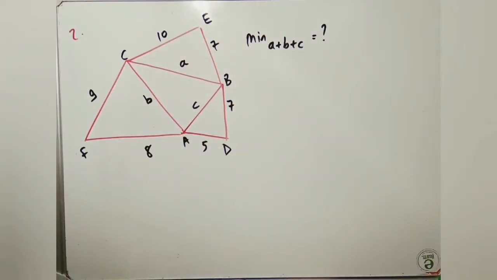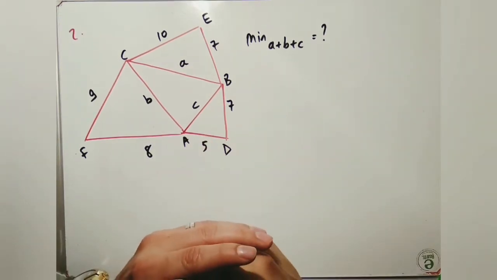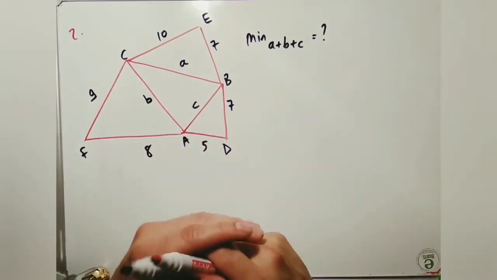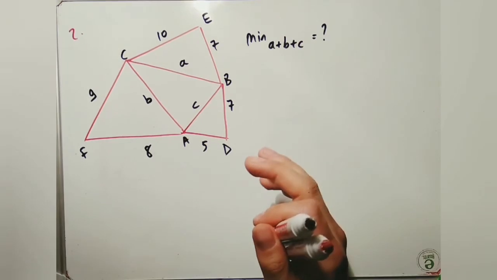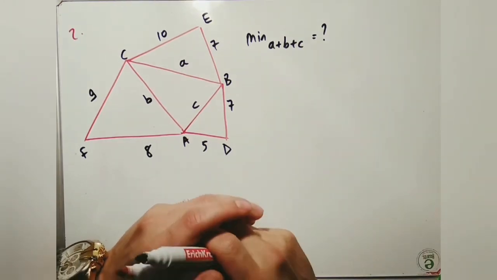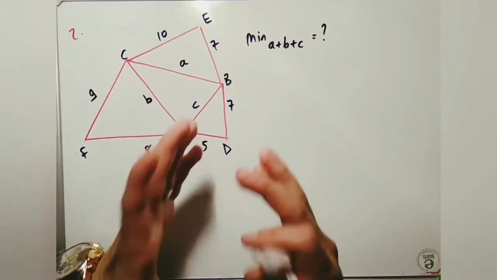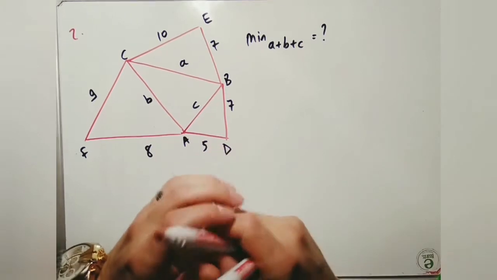We have to find the minimum value of A plus B plus C. When we solve this problem, we are going to apply the triangle inequality theorem. You can remember this theorem from the previous lesson. So what was it? One side is between the difference and the sum of the others.